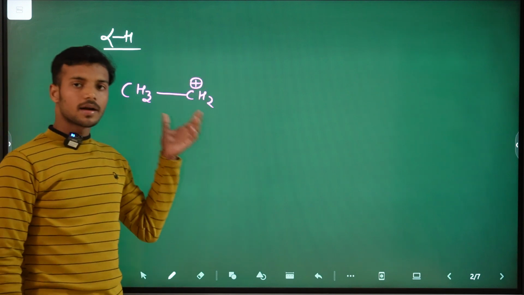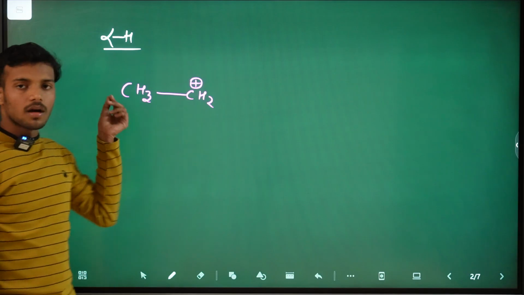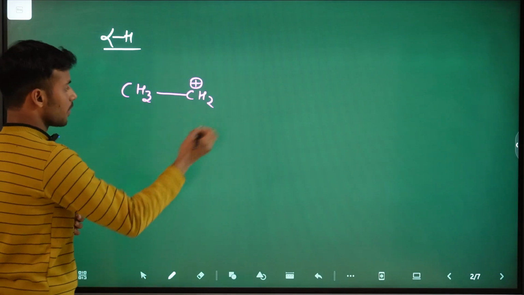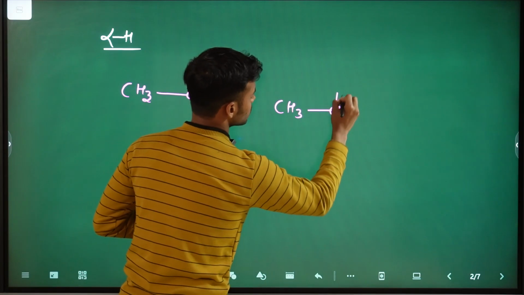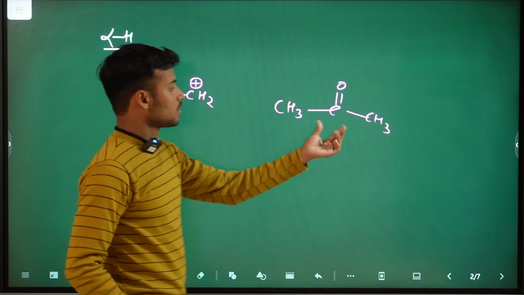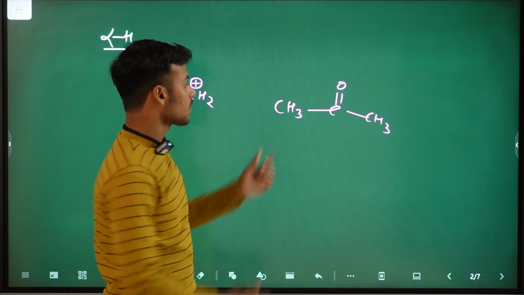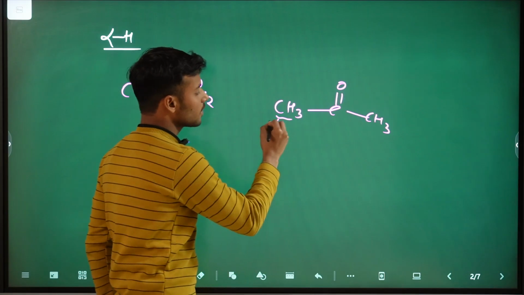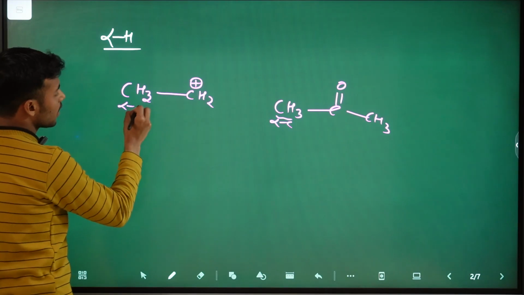The carbon attached to a functional group is called alpha carbon. The functional group may be a ketone. So this is alpha carbon, and here this is alpha carbon.